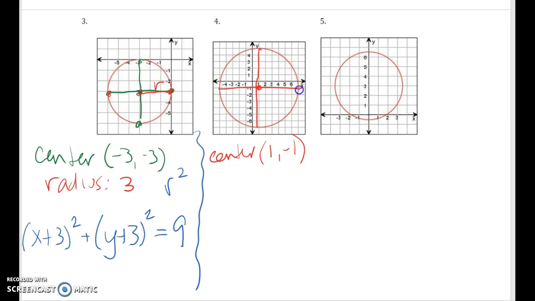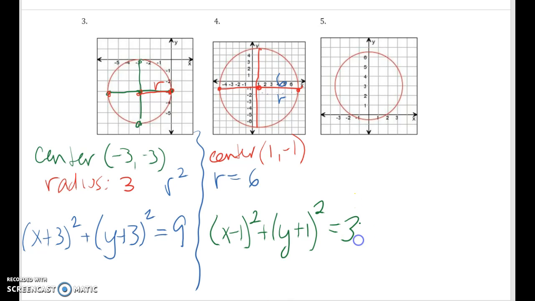Notice again that the endpoints of the diameter fall on a nice point on the graph. So again, I can count 1, 2, 3, 4, 5, 6. So my radius is 6. And we're going to substitute into our form, taking the opposite signs of the center for each of the x's and the y's. And this will equal our radius squared, which is 36.